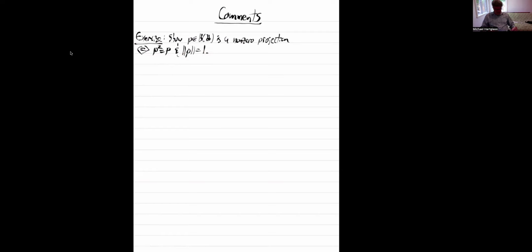So I want to make a comment about this exercise. P not 0 and P squared equals P will always imply that the operator norm of P is bigger than or equal to 1.